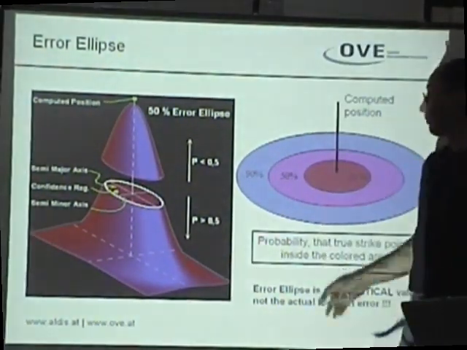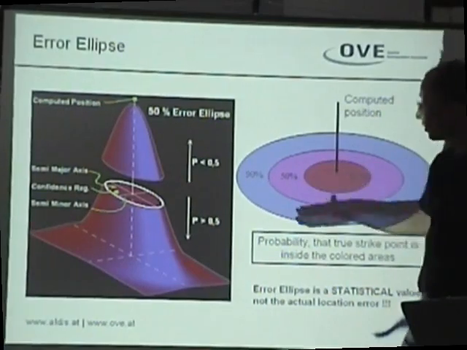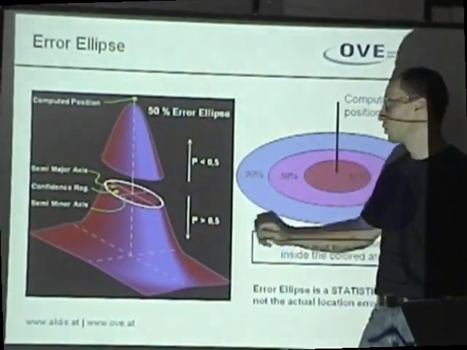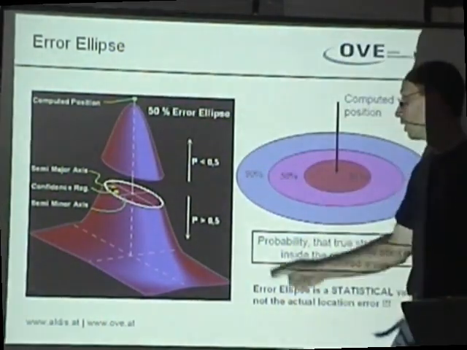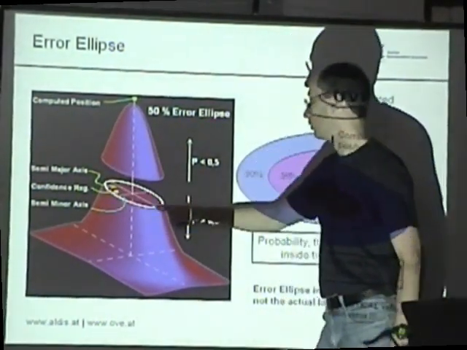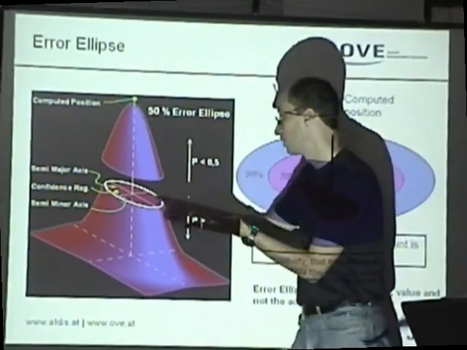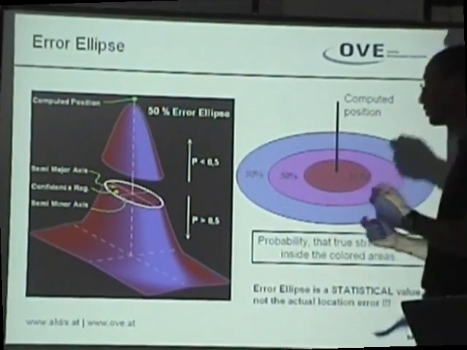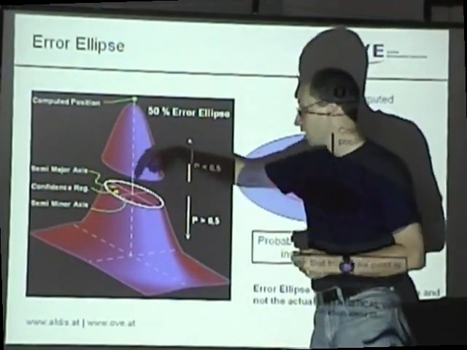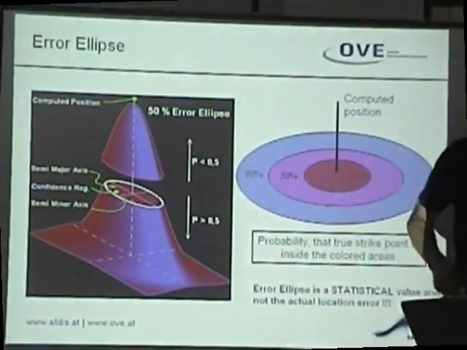If I want to have the 50% error ellipse, I have to calculate this distribution in a way that I have 50% here and 50% here, and the plane where you cut is an ellipse with a semi-major axis, a semi-minor axis, and an angle to north. This means that there is a 50% probability that the real stroke position is in this area.